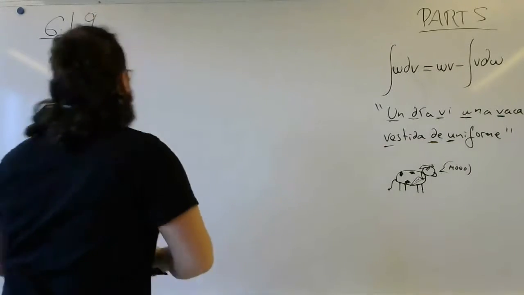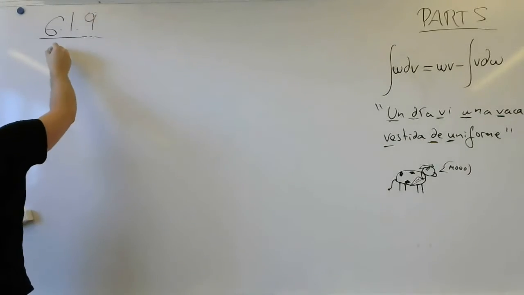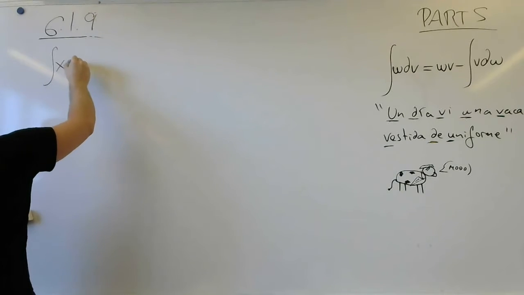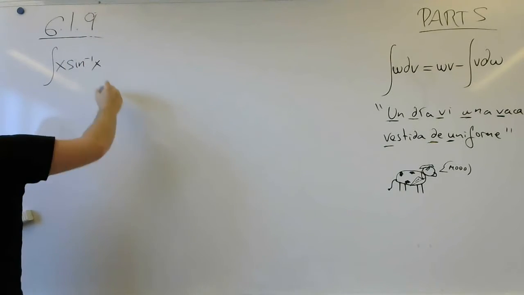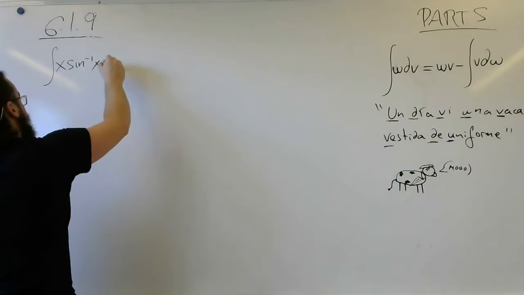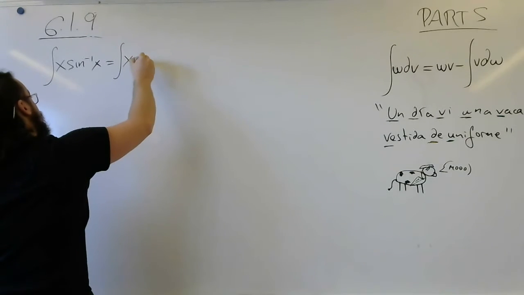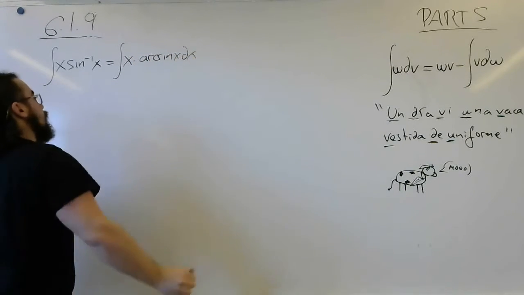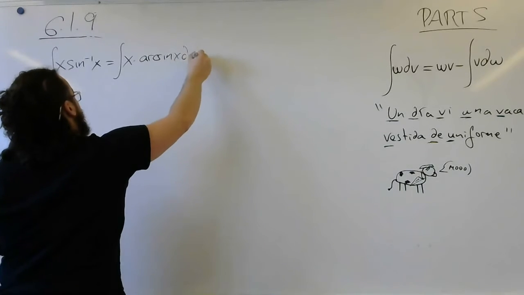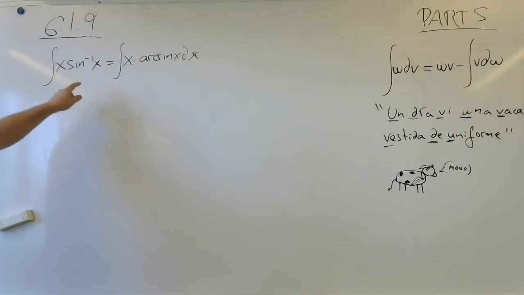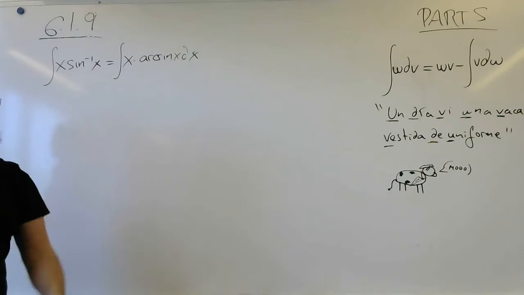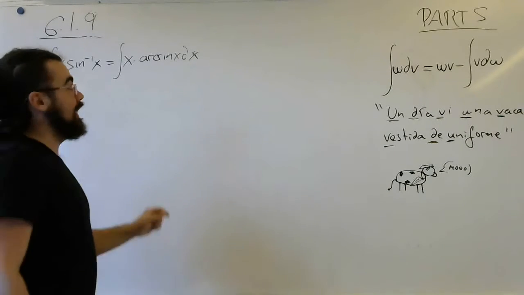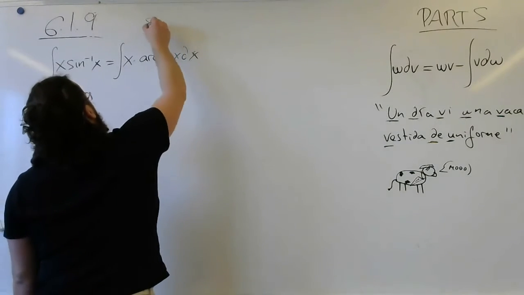The first difficulty of this integral is notation. What does this mean? This means that sine minus 1 is the inverse of the sine, not 1 over the sine.